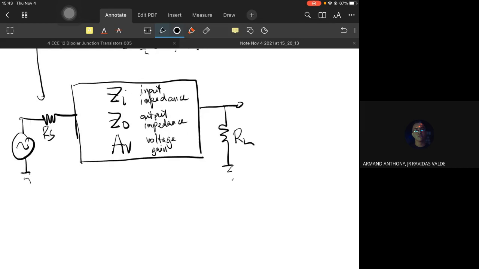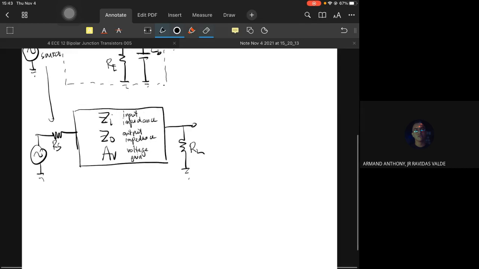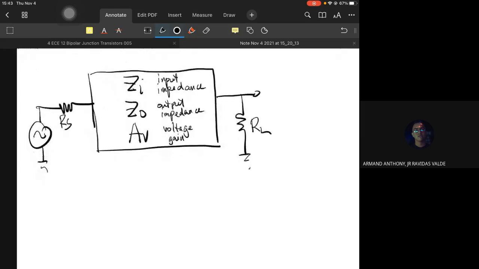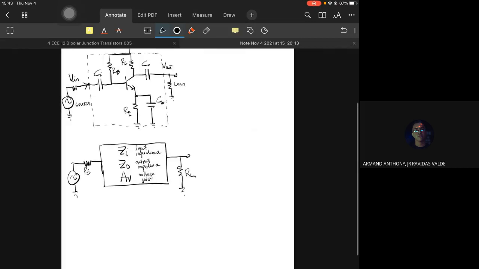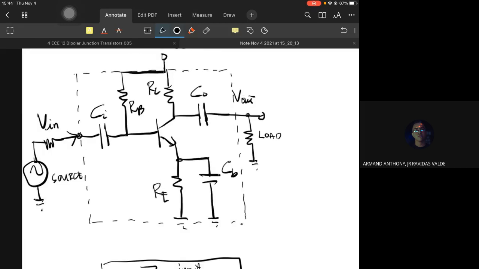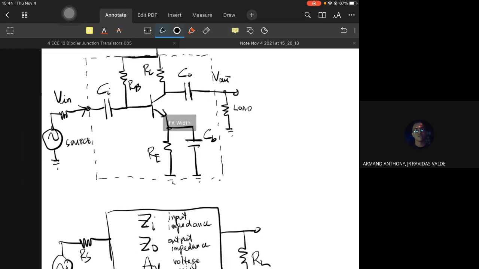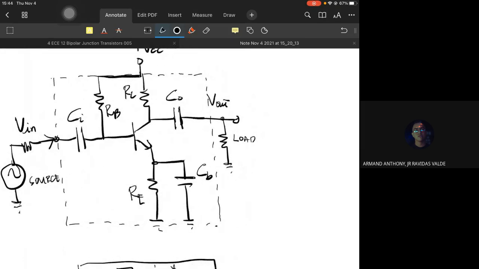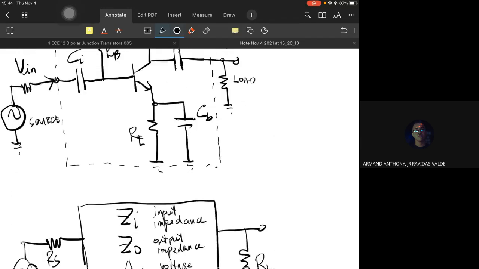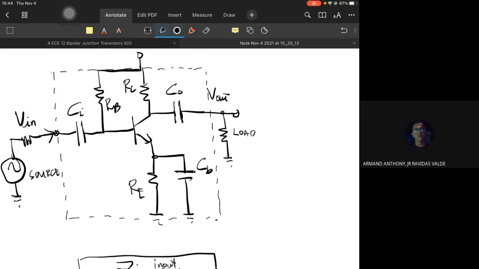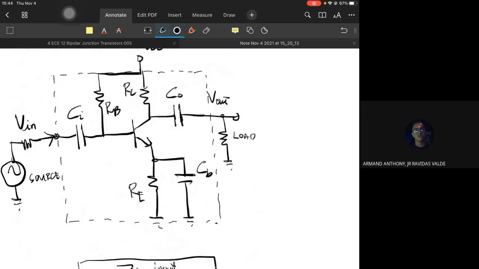So, in our analysis of various biasing circuits, these three are our endpoint: to calculate the input impedance, output impedance, and voltage gain. Okay? So the idea here is how we will convert this very complicated circuit into a black box as simple as this one, where we only bother ourselves with determining these three parameters.